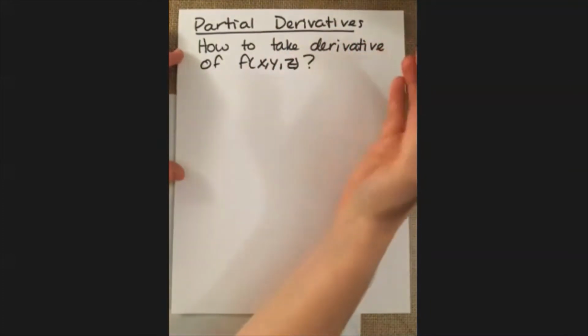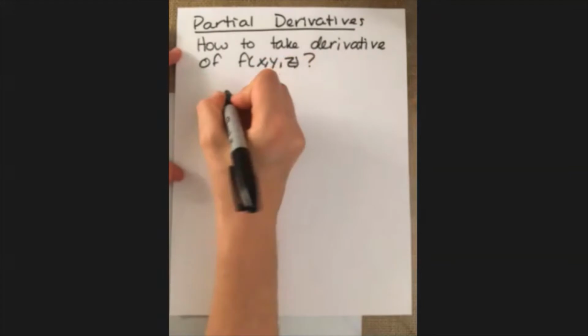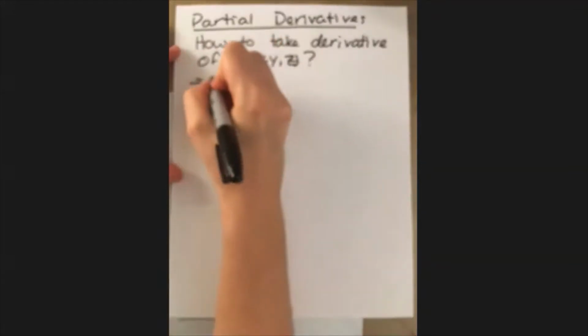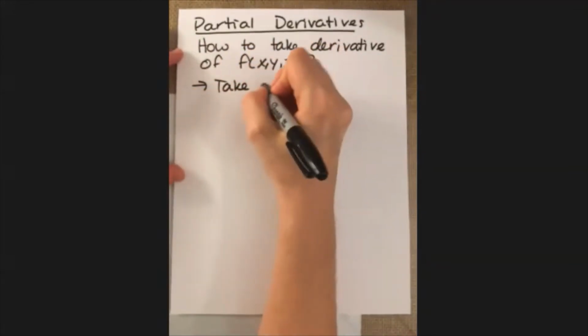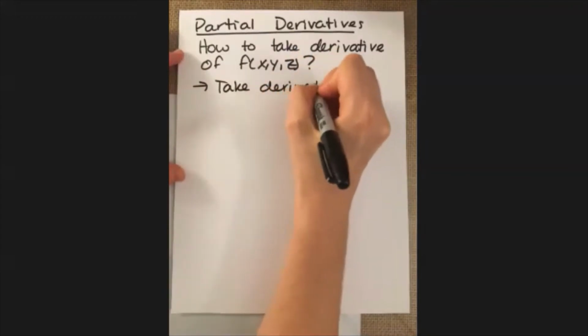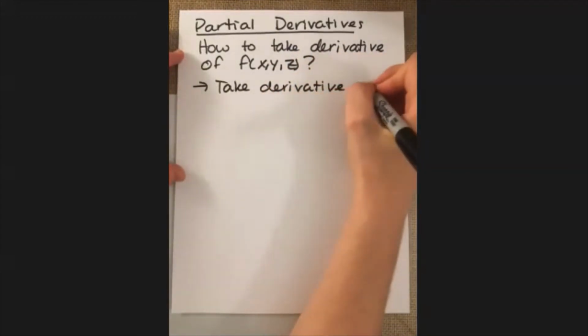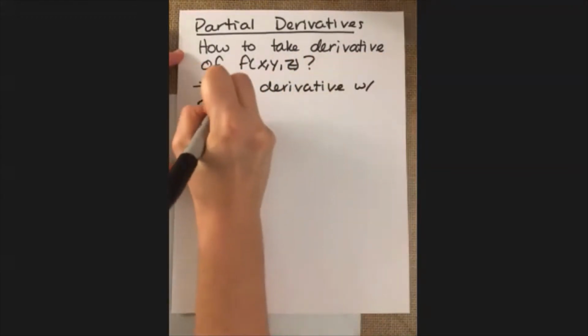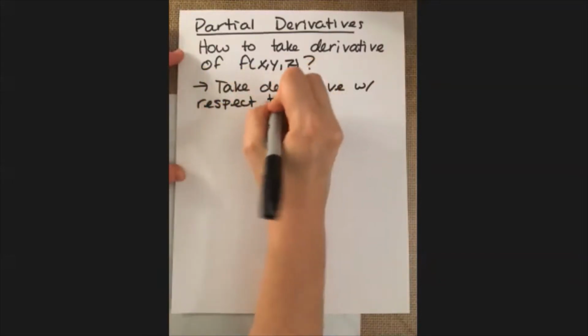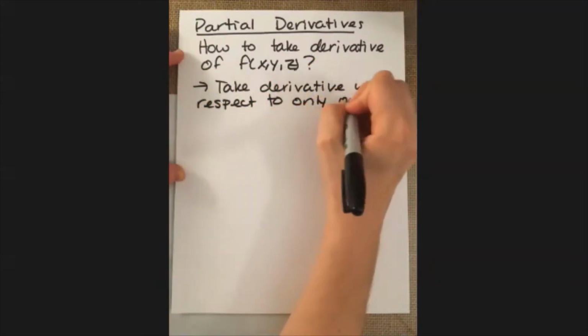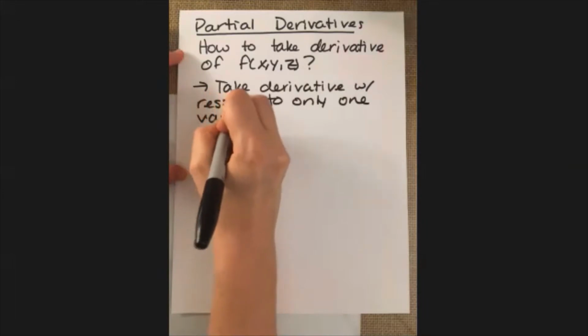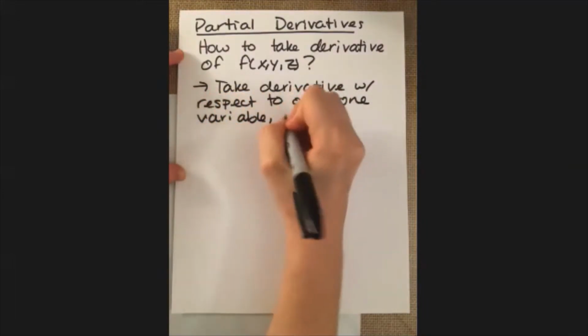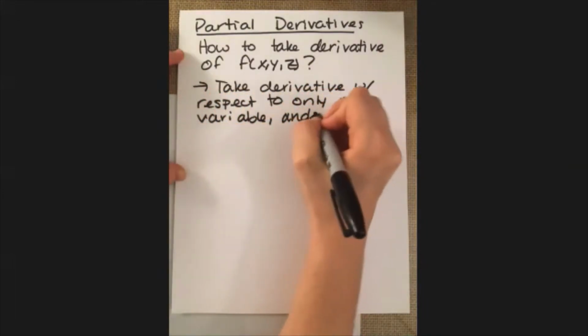The idea behind working with partial derivatives is to take the derivative with respect to one variable and treat all the other ones as though they are constants.